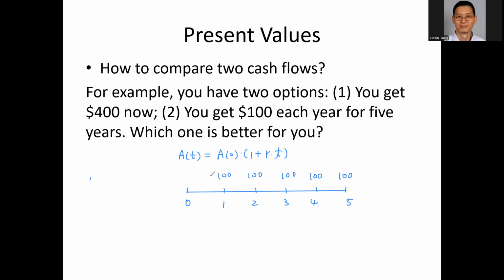One way of doing that is to calculate the present value of each and add them up. So you would get 100 divided by 1 plus R, which is 1 year, and then 100 divided by 1 plus 2R, plus 100 divided by 1 plus 3R.